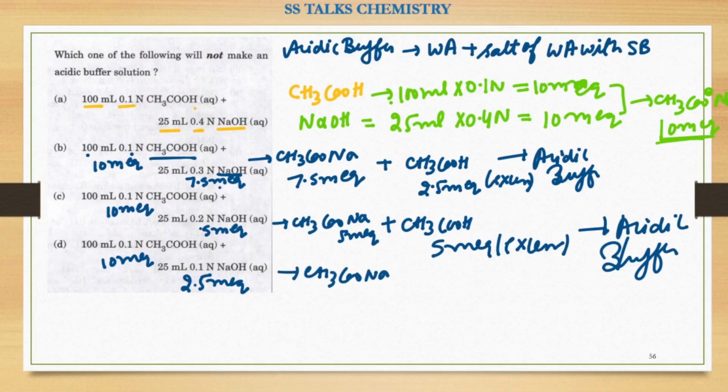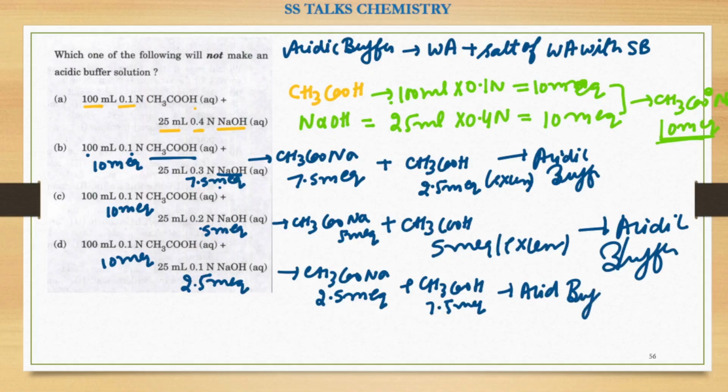Here I am considering complete reaction; there will be a little less or more because acetic acid shows partial dissociation, but just to see whether the acidic buffer will be formed or not depends mainly on the amount of the acid and the salt formed. So the sodium acetate formed, depending upon the limiting reagent, is 2.5 milliequivalents, and the acetic acid still present in excess is 7.5 milliequivalents. So again the acidic buffer can be formed.